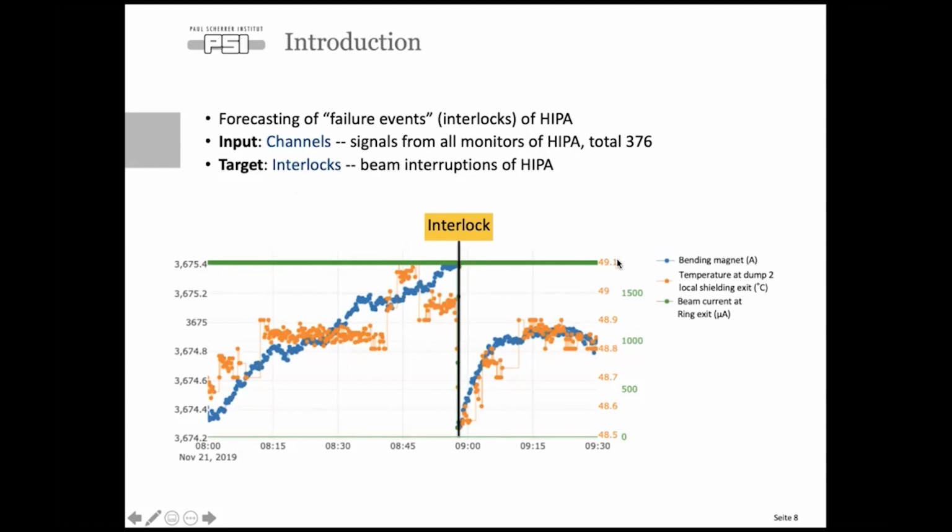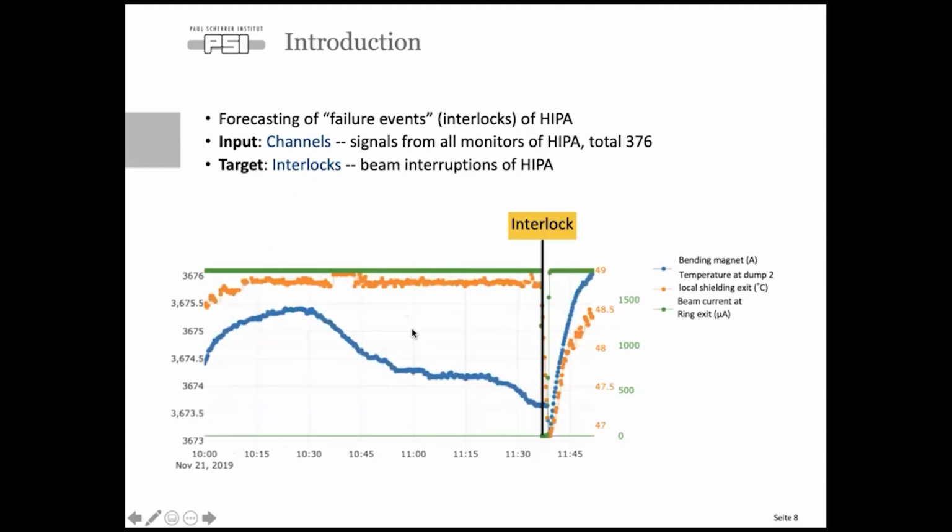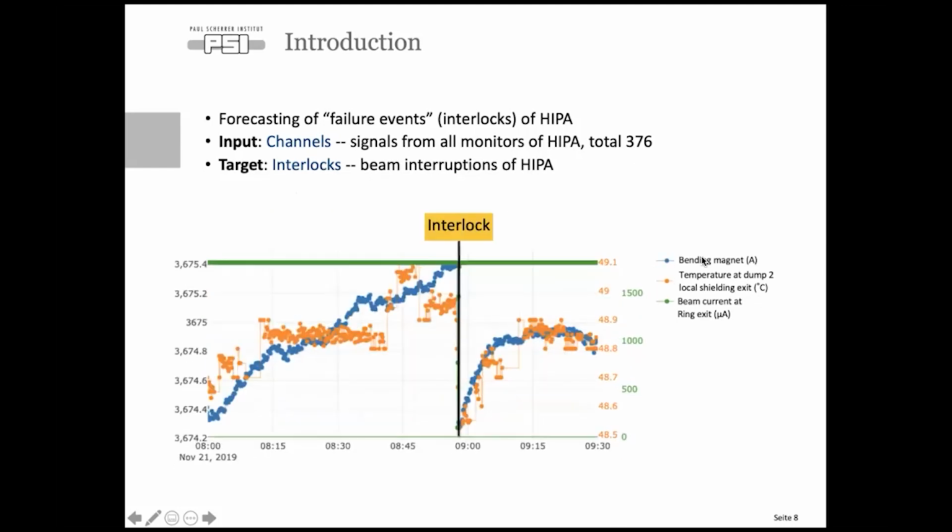So here I listed 3 different cases of some example signals and interlock. In this case, you can see that the bending magnet current is clearly increasing before the interlock happens, while the temperature also increases a bit. But this beam current at ring exit is just stable.